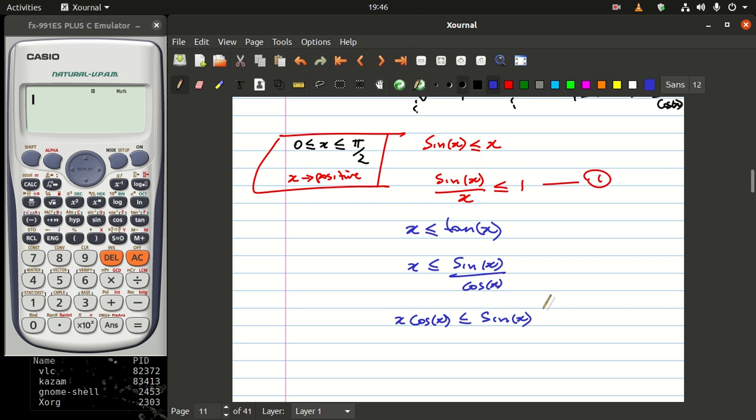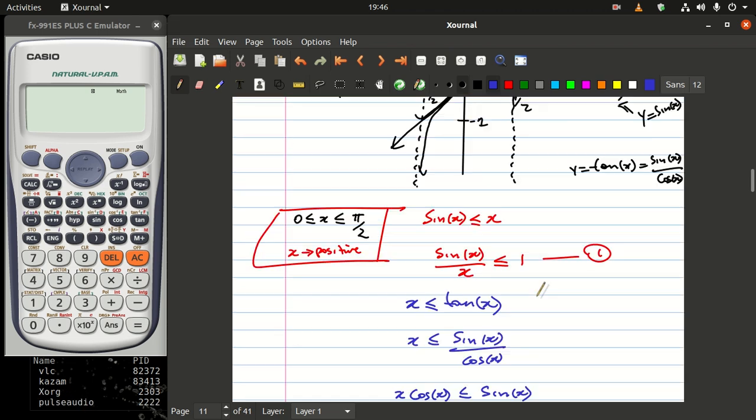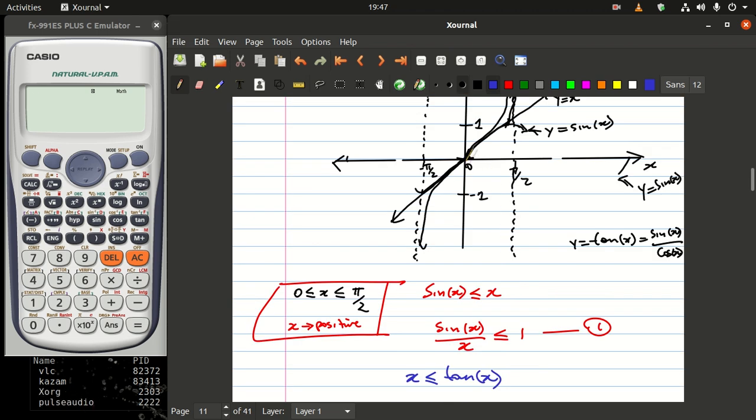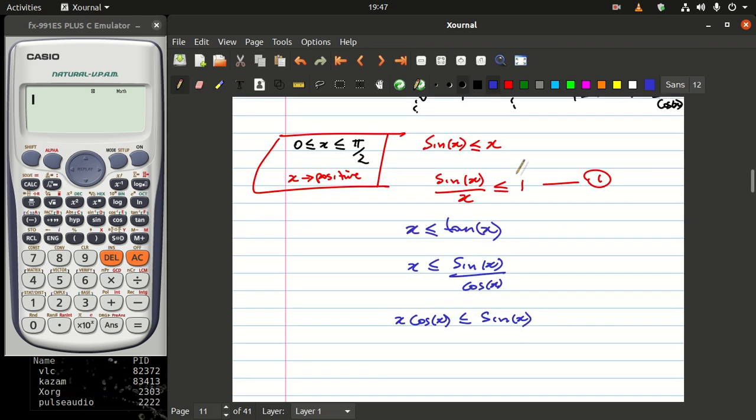Let me explain. If you look here in this quadrant between 0 up to 90 degrees, which is the first quadrant, a cosine function is always positive because all of them are positive in the first quadrant. 0 to 90, they are all positive. So when I'm multiplying throughout by cosine of x, the inequality is not going to reverse.